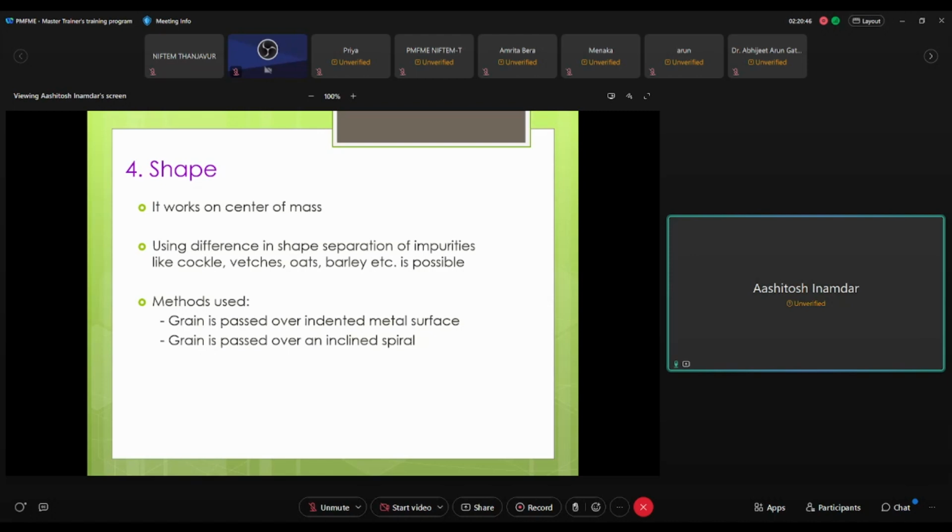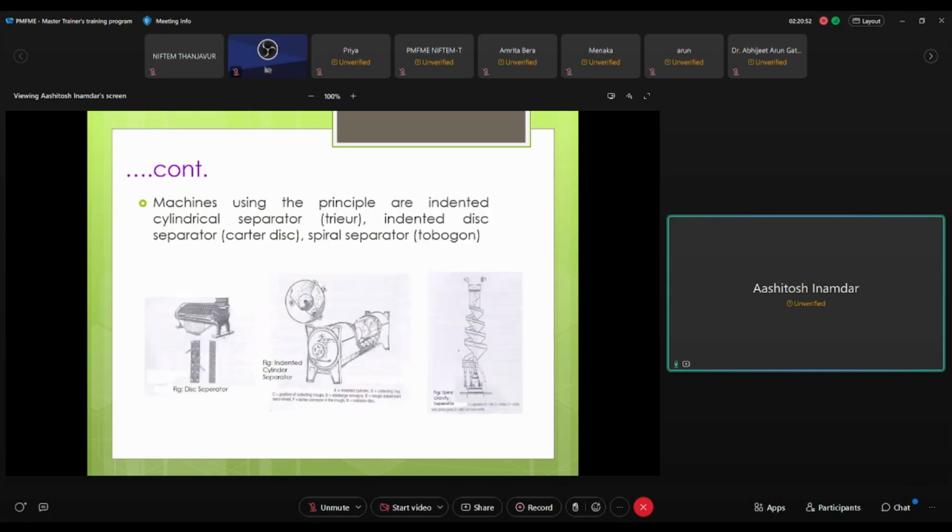Okay, so it can be done in two methods. We can pass it through an indented metal surface or an inclined spiral. You can see these machineries in the pictures here. The first machinery is a disc separator, the second one is an indented cylinder, and the third one is a spiral separator or turbo one. Let's take the case of the center one, the indented cylinder.